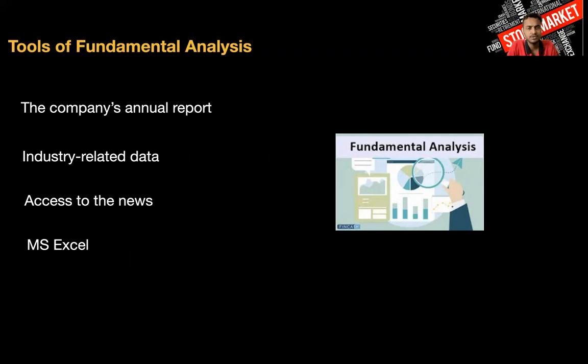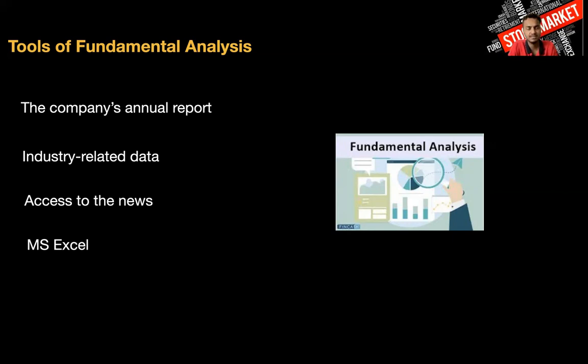Some tools we use for company fundamental analysis are the annual report, which the company releases publicly on their website. If they are listed in the stock market, they must release it compulsorily. You could also get industry related data about the industries the companies are in, and about their future. News is another major factor in fundamental analysis.